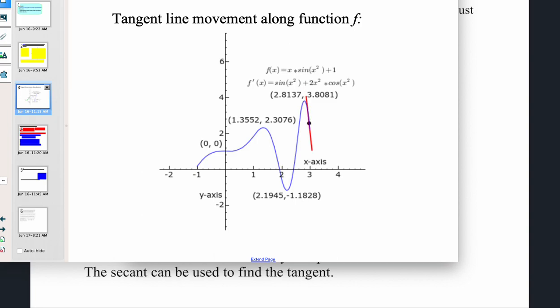Okay, so now let's look at where our function is decreasing when the line is red. So when the tangent line follows the curve and the curve is going downhill, what do you notice about all the tangents? They're red and they have negative slopes. What happens when we hit a peak or a valley, those local extrema we learned about last year? What happens to the tangent line's color?